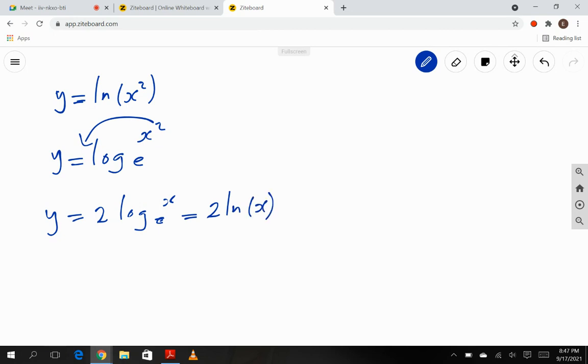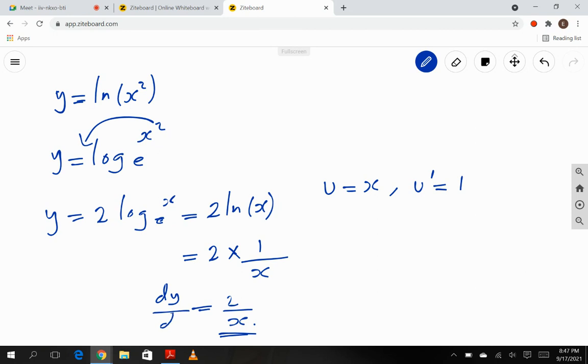Then you know that the derivative of ln x is going to be 2 times u prime over u. Remember, u is x, then u prime is 1. So it's going to be 1 over x. So you see that the answer we are getting for the derivative is still the same. So that's another way you could think about it. But anyways, I just thought that would be a good thing to take note of.